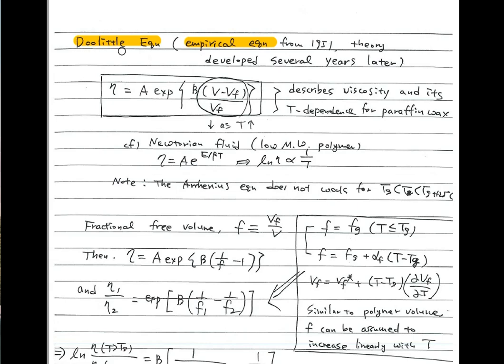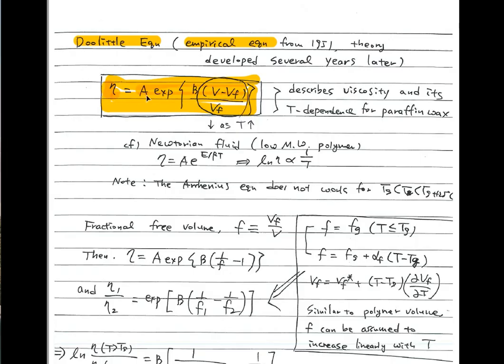that was found by this scientist named Doolittle. What he did is he measured viscosity as a function of the volume. And the Doolittle equation looks like this. It shows that the eta, so this viscosity, is a function of free volume.